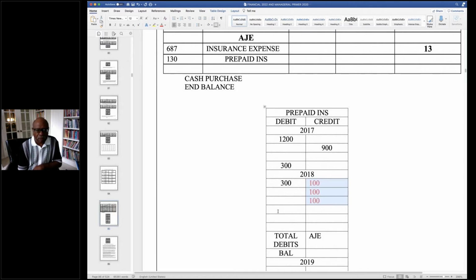But now the 1,500 comes into play. And now you have to start paying what? 125. So you paid 100 for the first 3 months. Now we have to pay 125. How many months? 9? 6 or 9?